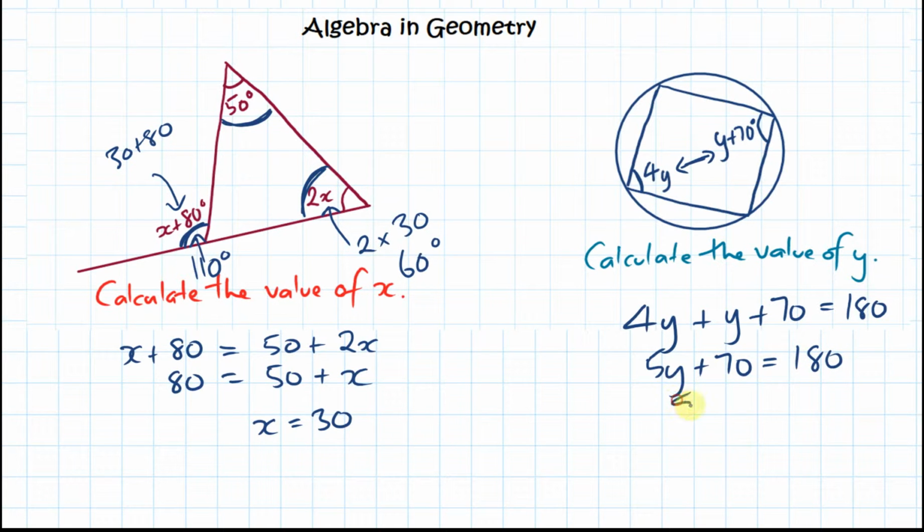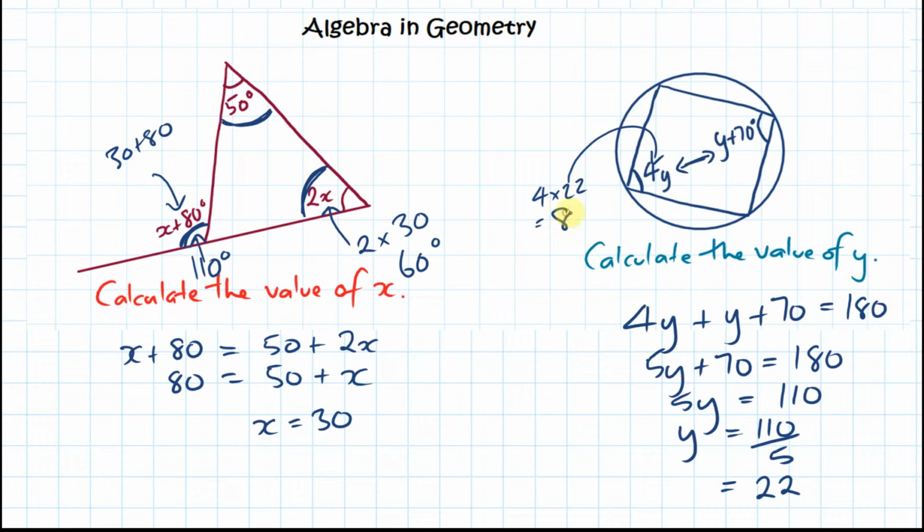Subtract 70 from both sides, we get 110, and then y is equal to 110 divided by 5, which is 22. So y is 22, which means this angle here is 4 times 22, which is 88 degrees, and this angle here is 22 plus 70, which is 92 degrees.